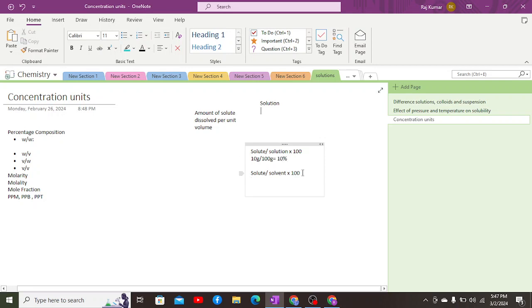But if we talk about the weight by weight percentage of solute and solvent, then at that moment we take 10 gram of solute, and then we take the weight of solvent, not the weight of solution.